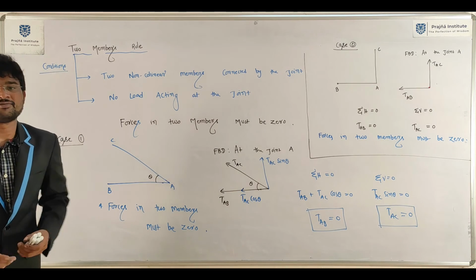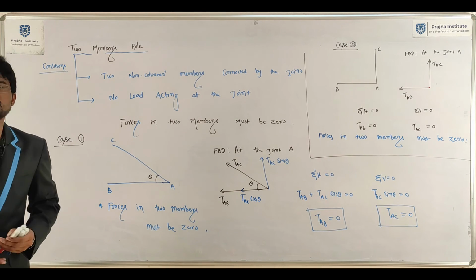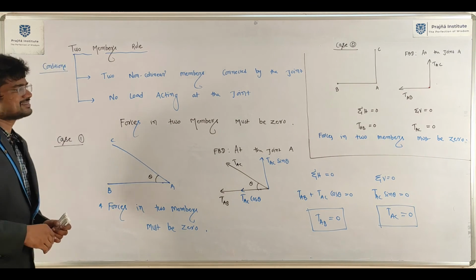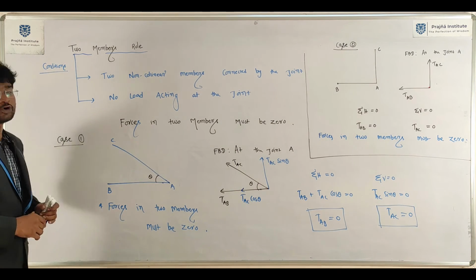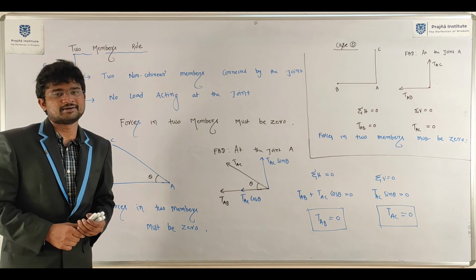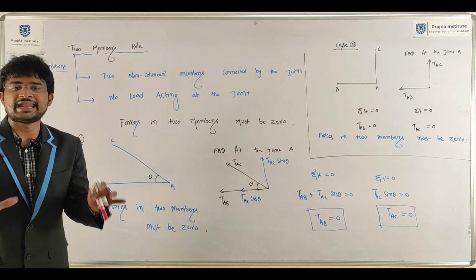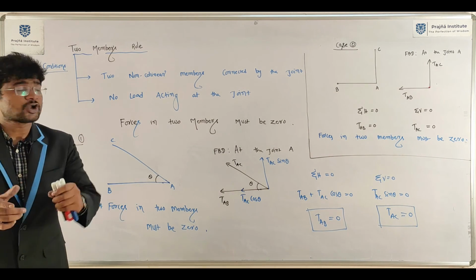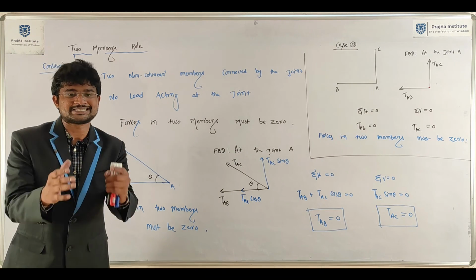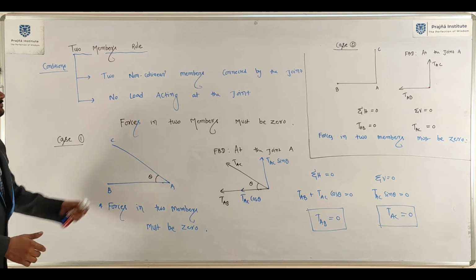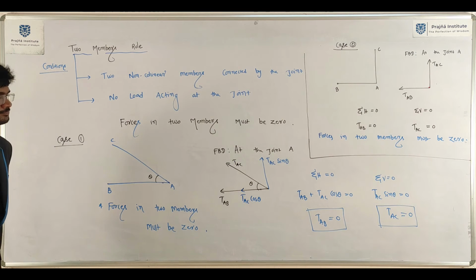Just check whether you will get a zero force member or not. That is more than enough for the topic of zero force members. This is the boundary. You can solve any problem in any competitive exam regarding zero force members in the given truss.